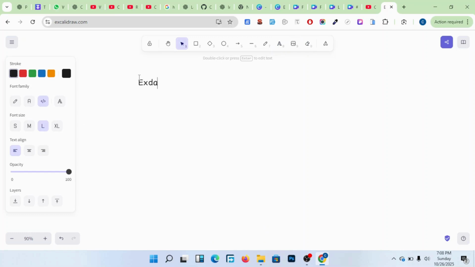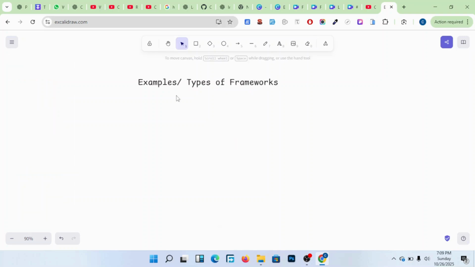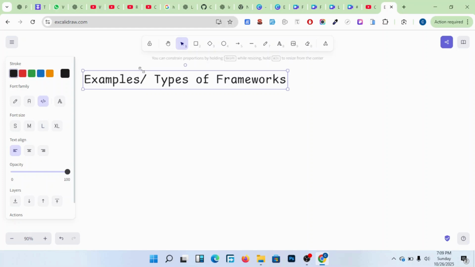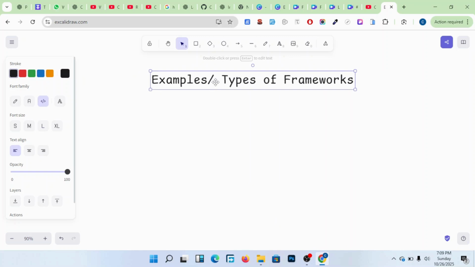What are the examples or types of frameworks? This is what we are going to cover now: examples and types of frameworks.